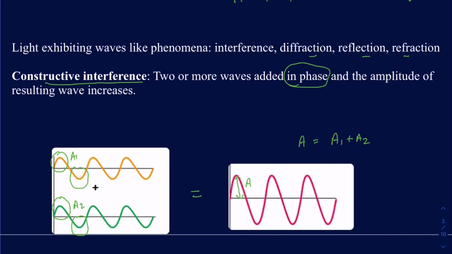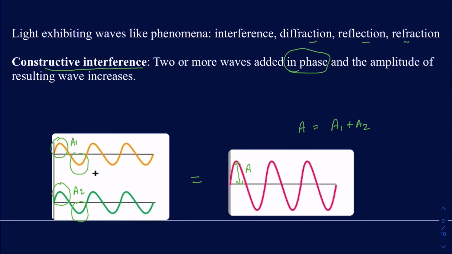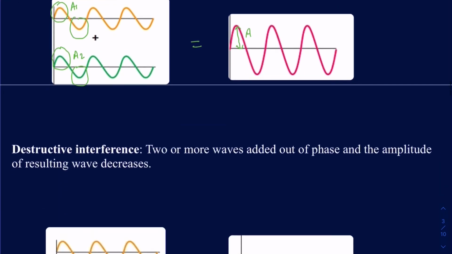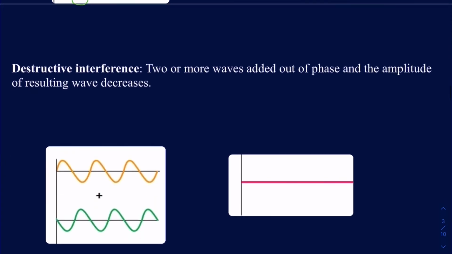That's called constructive interference. In addition to that, you can also have destructive interference when two or more waves are meeting out of phase. If I look at this example, I can see my orange wave and my green wave. Their crests are not matching with one another anymore; instead, the crest of this orange or yellow wave is overlapping with the trough of the green wave.